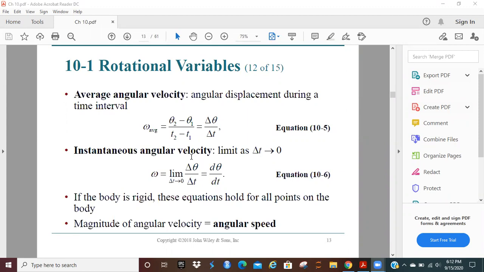If we look at instantaneous angular velocity, or the limit as the change in t goes to 0, that's going to be your calculus derivation, or d theta dt. If the body is rigid, these equations hold for all points on the body, and the magnitude of angular velocity is going to be the angular speed, just like the magnitude of linear velocity is going to be the linear speed.